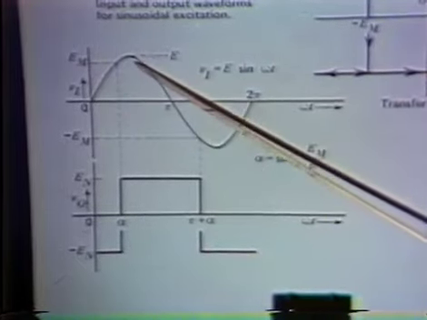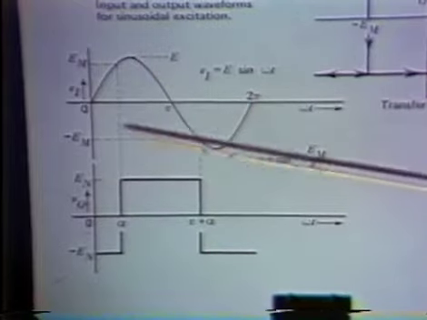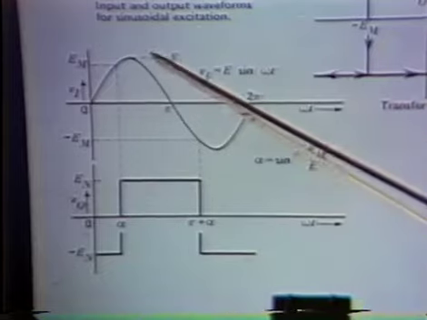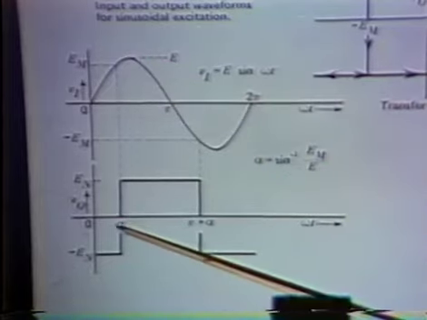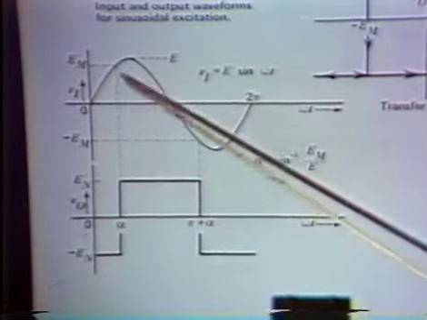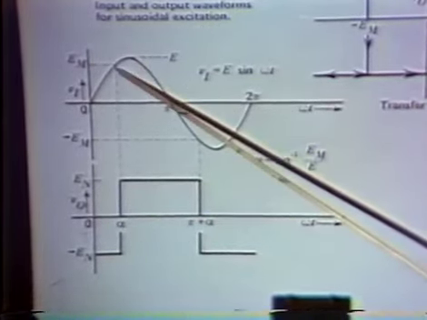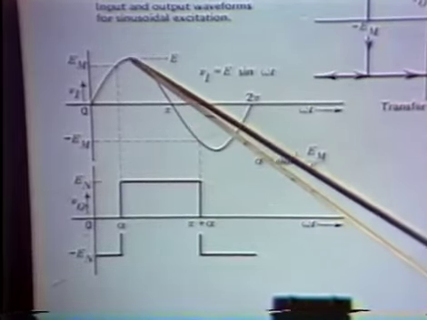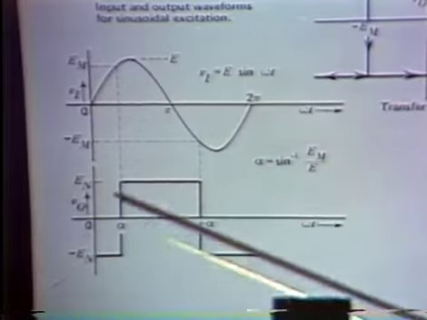Conversely, as we get a smaller value for E, the output signal lags behind the input signal and eventually reaches a maximum negative phase shift of 90 degrees when E is exactly equal to E sub m. When E is equal to E sub m, switching occurs right at the peak and at the minimum of the sine wave.